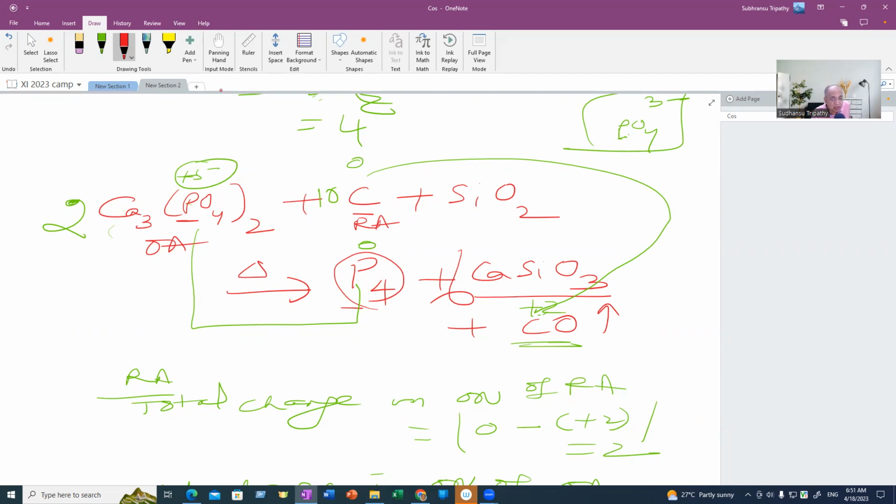And to balance the silicon, since you have multiplied 6 here, silicon is 6, so you have to multiply 6 with silicon dioxide. And then our job is to equalize carbon. Here there are 10 carbon, you have to also put 10 here. Then don't be satisfied. You make sure that it is balanced.